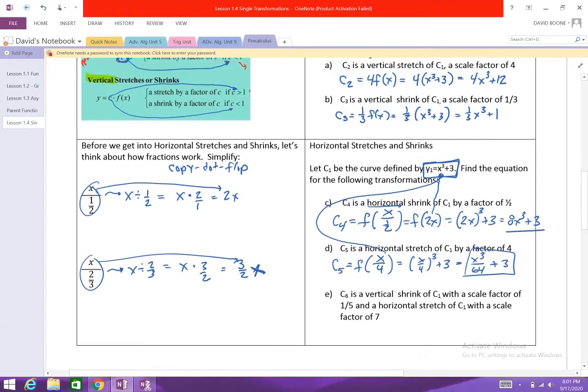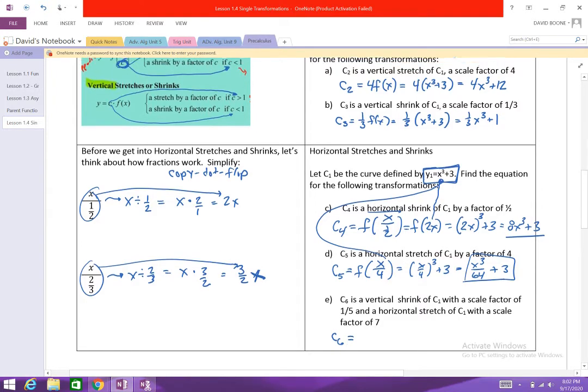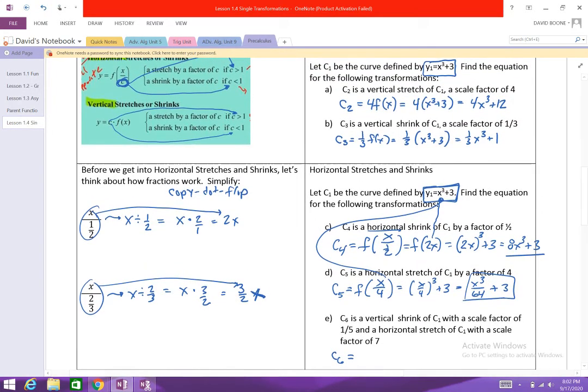Okay, let's practice this last one here. We're going to put them both together for C6. It says a vertical shrink, so we're going to go up here to the original equation again, with a scale factor of 1/5. So a vertical shrink is just the number out front.